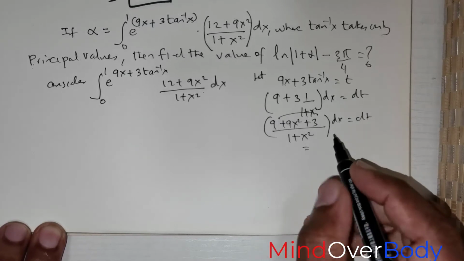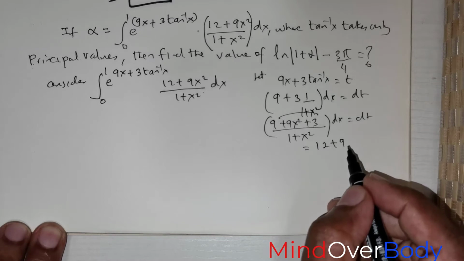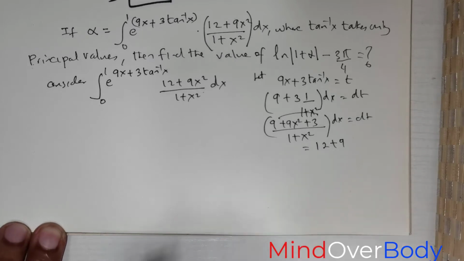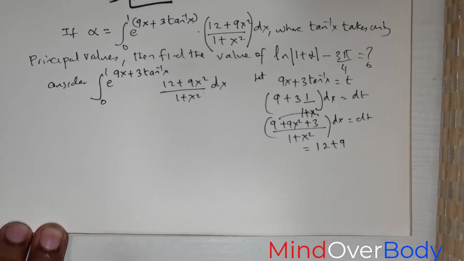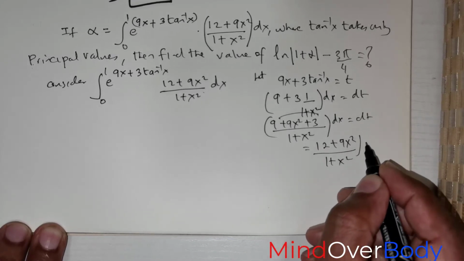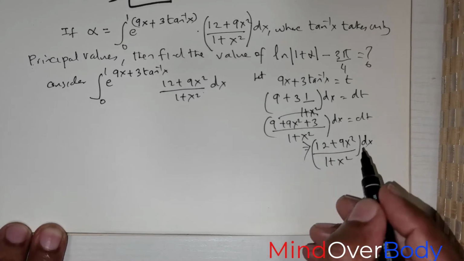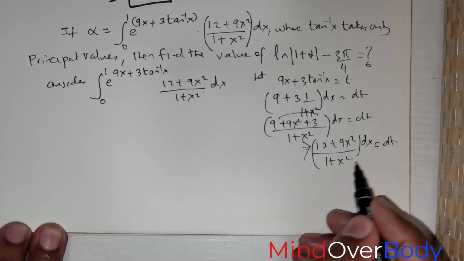This is equal to 9 added with 3, which gives me 12, plus 9x squared, divided by 1 + x squared times dx. So this is what I would get, and that would be equal to dt.